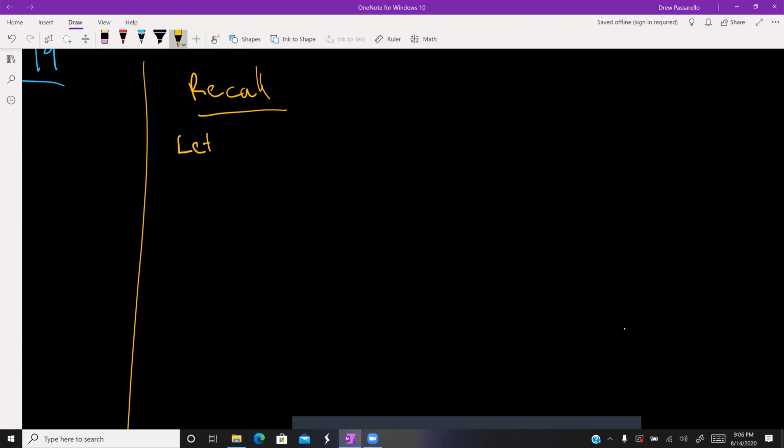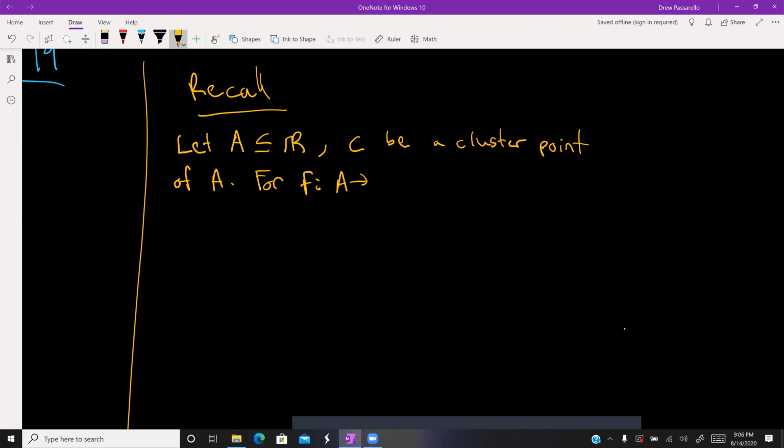You let A be a subset of the reals and c be a cluster point of A. And for f, that's going to be a function from A to the reals.